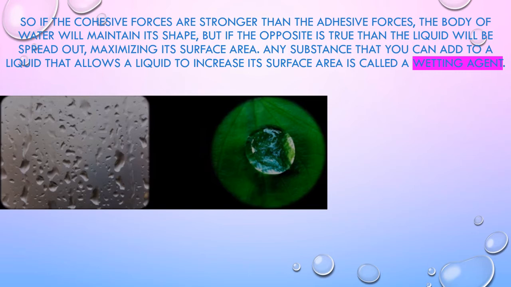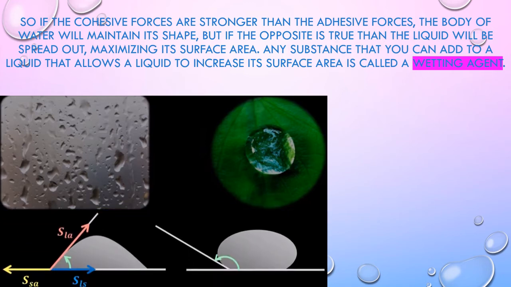So as shown in the first diagram here, because the force of adhesion is more as compared to the force of cohesion, the surface area of the liquid droplets has increased and they are stuck to the surface of the glass. Now it can be explained on the basis of the forces acting on the liquid drop.